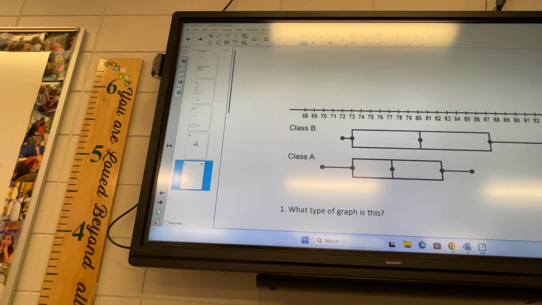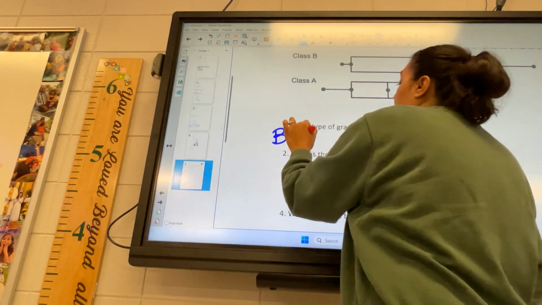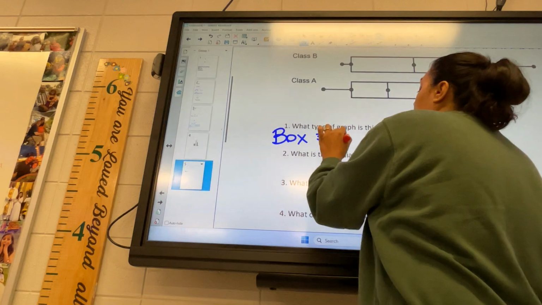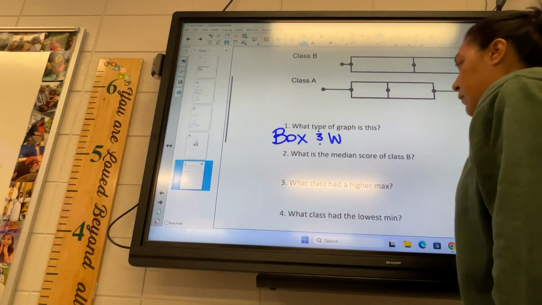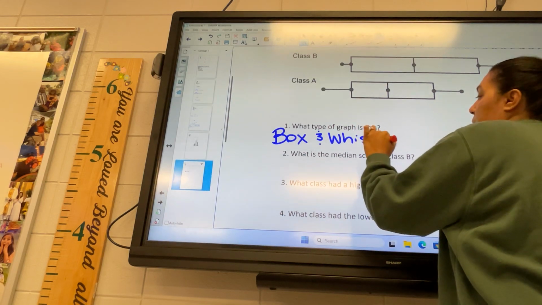We're doing this one. You guys are doing that one too. It is a box and whisker plot. Okay, so it's a box and whisker. I forgot how to spell whisker. Is it W-H?